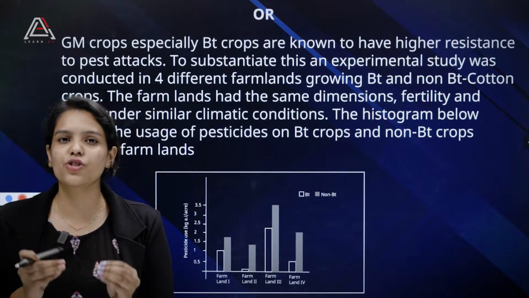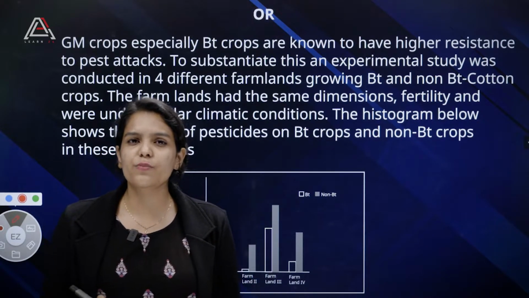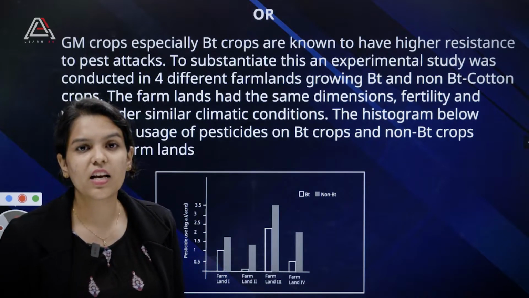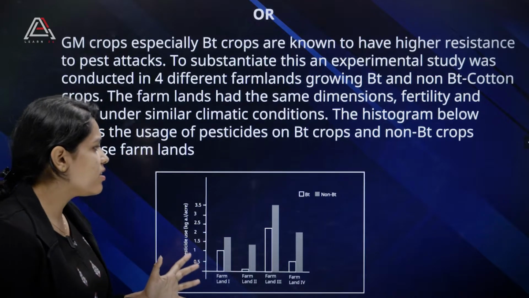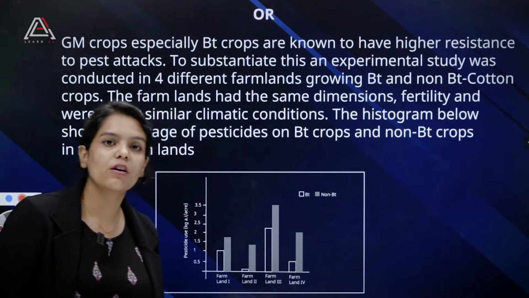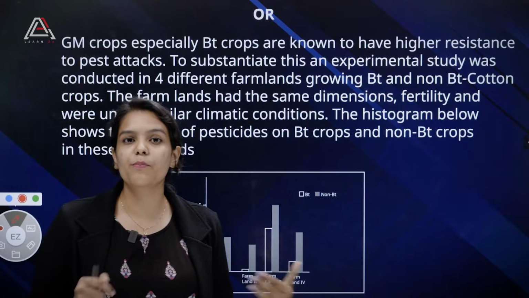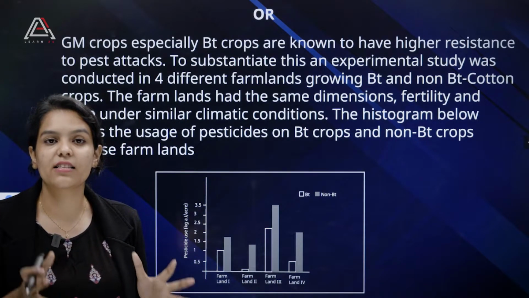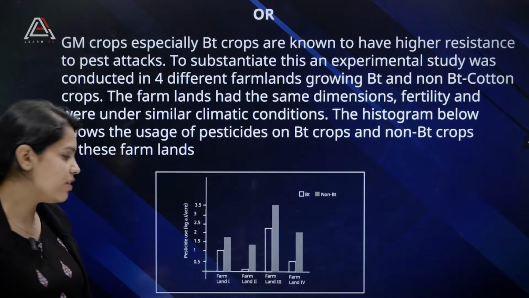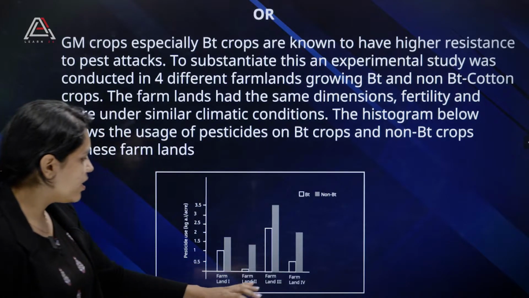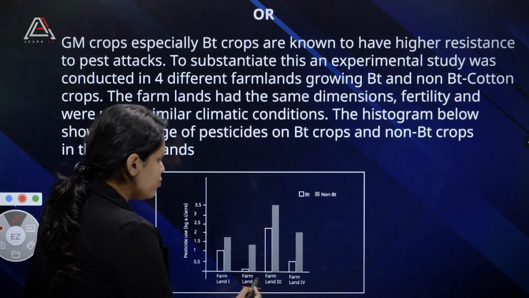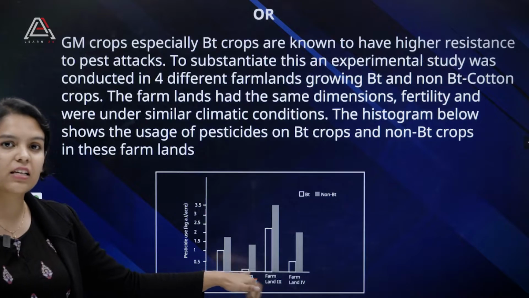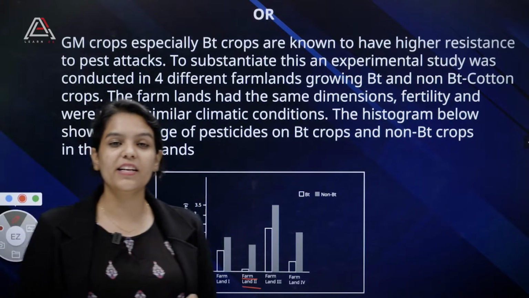It has a certain resistant gene which gives it resistance towards the pest. So they are asking which of the 4 farmlands has the better biotechnology management. Here you can see that farmland 2 has the better management, and let me tell you why.